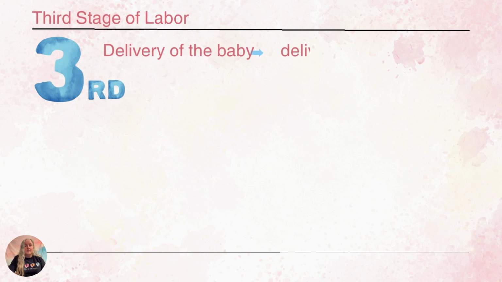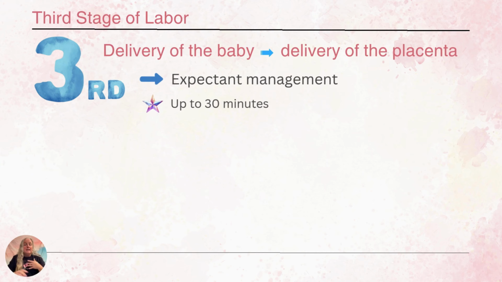During the third stage of labor, the baby is delivered and now we are trying to deliver the placenta. So during this time, mom's holding her baby probably skin to skin. And we can take a pretty hands-off approach initially towards the third stage of labor because we can wait up to 30 minutes for the placenta, as long as we're not seeing signs of bleeding.